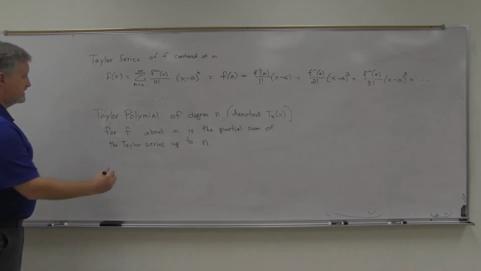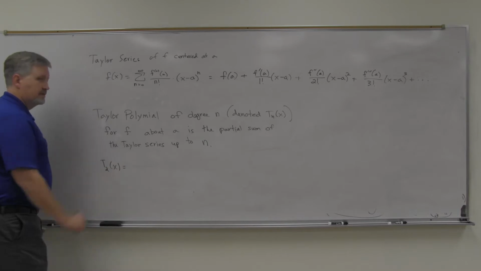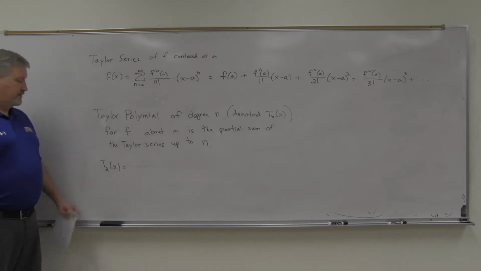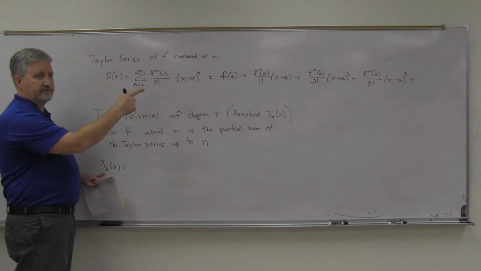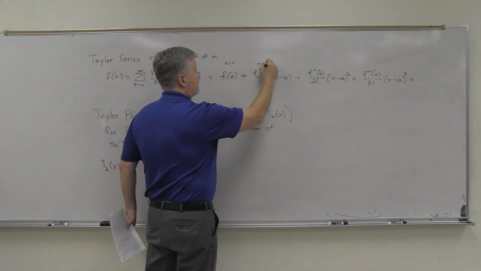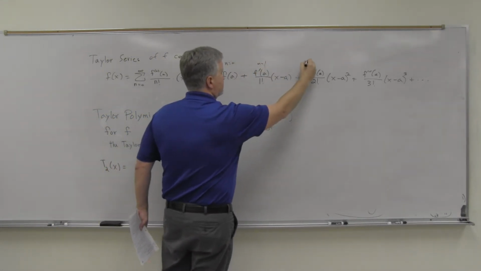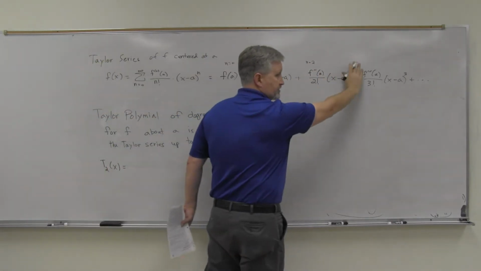So for example, T2 of x, that's n equals 2, and so I would just do this Taylor series up to n equals 2. Here's n equals 0, here's n equals 1, n equals 2. So T2 of x is the partial sum up to that.